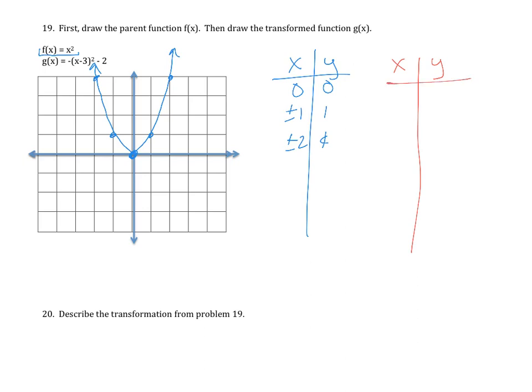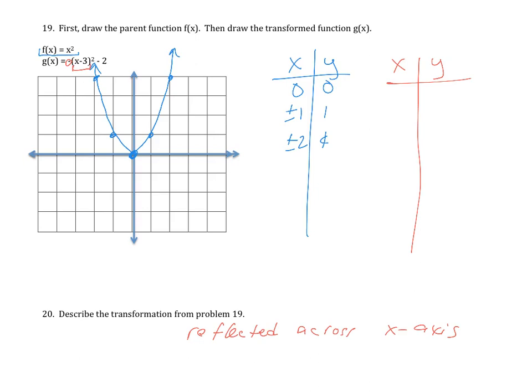we have a couple things going on. So first of all, this minus says it's reflected across the x-axis. Okay, this is like x minus h.